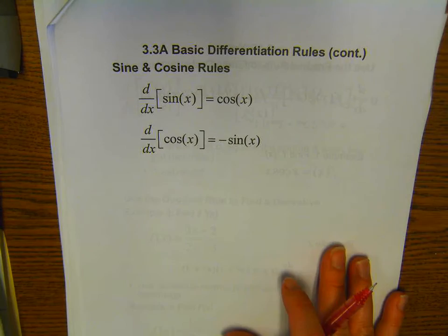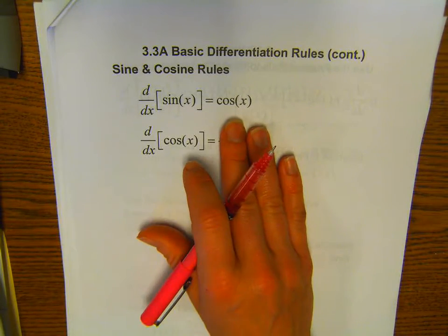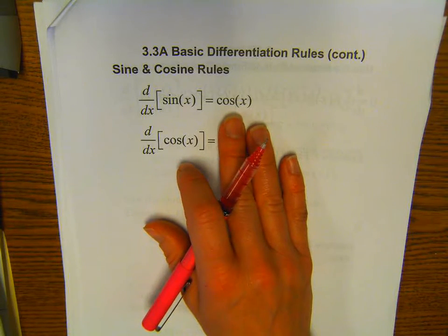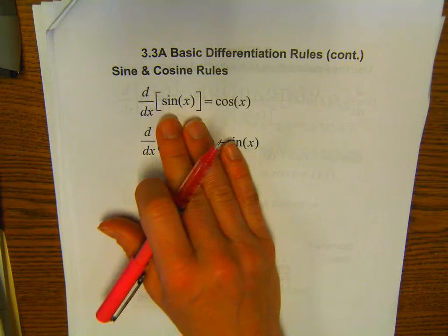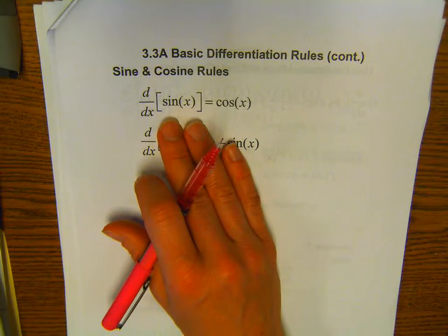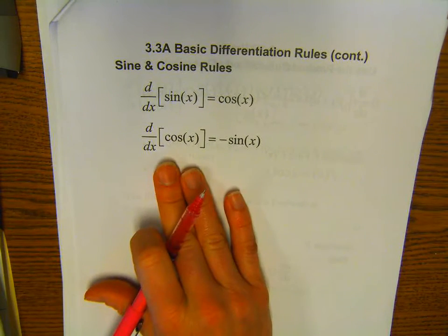I'm going to introduce this here, but we really will spend time doing derivatives of trig functions in 3.5. Do you remember the other day where I had you use the underive and graph it, and did we see that the derivative of the sine was the cosine, and then the derivative of cosine is negative sine?